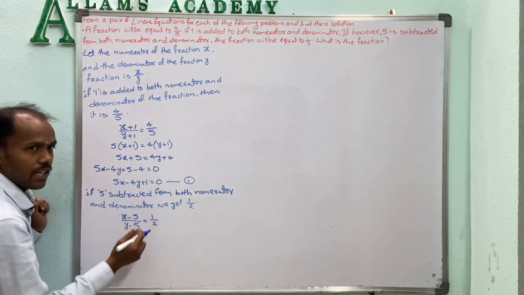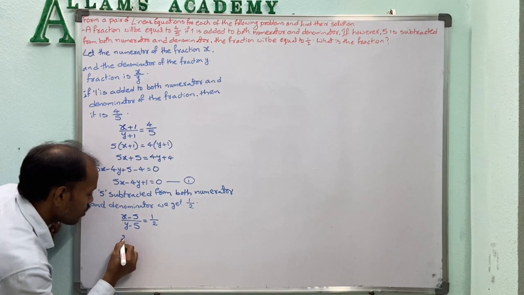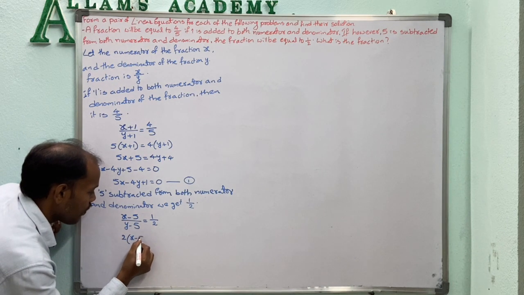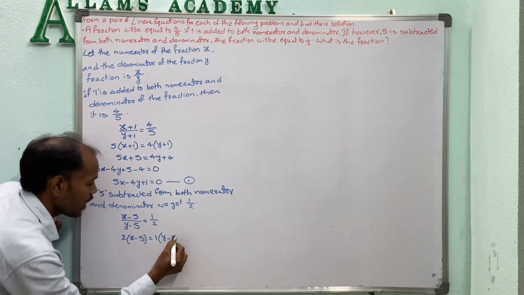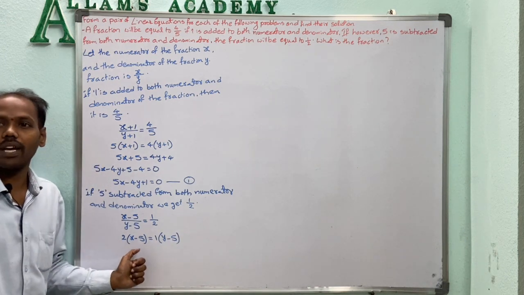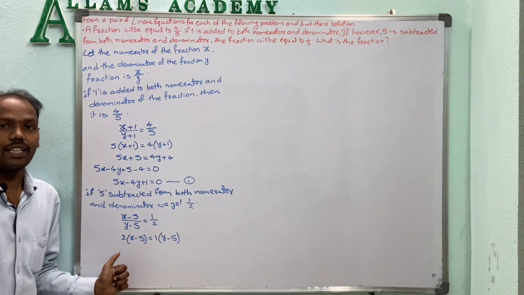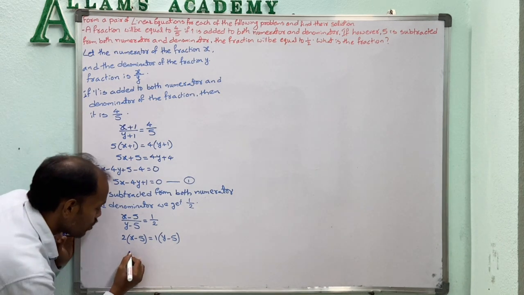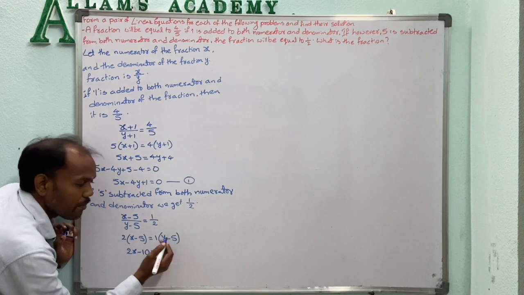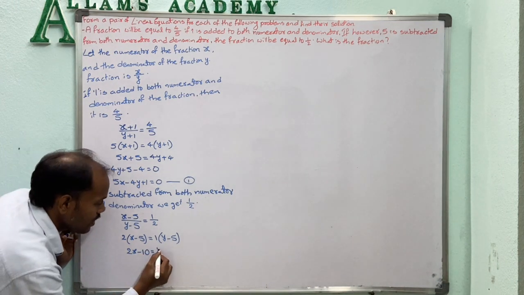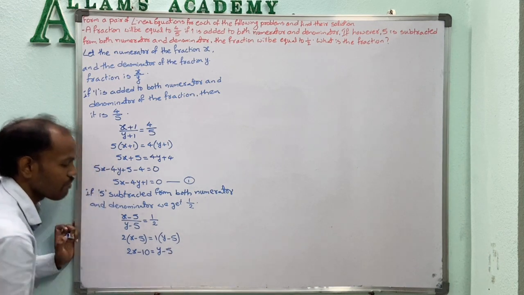Now by cross multiplication, 2 into x minus 5 equal to 1 into y minus 5. So 2 multiplying with x minus 5 is nothing but 2x minus 10, equal to 1 multiplied with y minus 5, that is nothing but y minus 5.